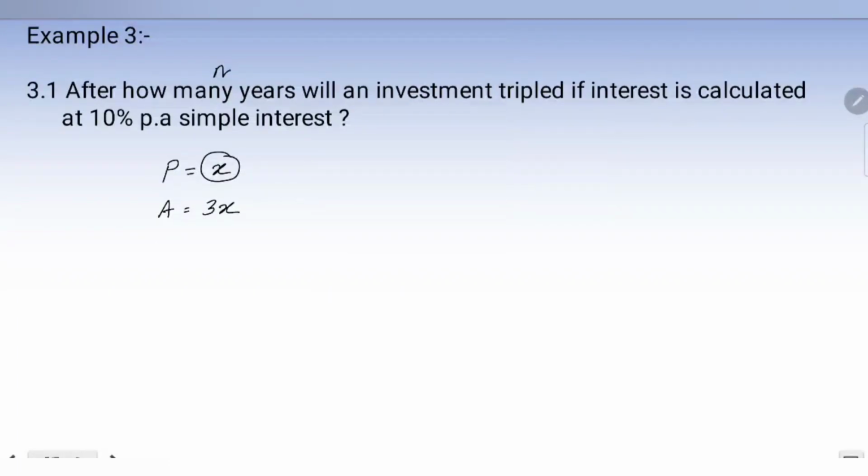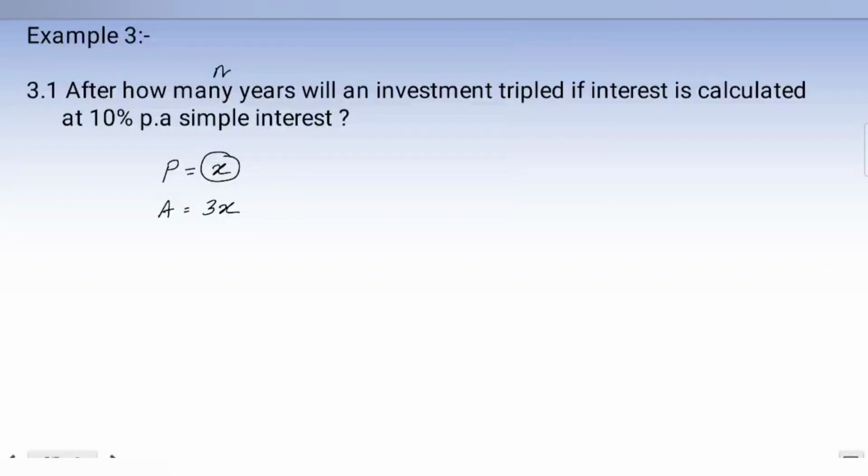Or instead of x, if you write 100, then A is going to be 300. Whatever amount you write in the place of P, you multiply by 3 to get the amount A. You can choose any amount, or you can take x. It's up to you. Then do the calculation. You will see that this x is going to be cancelled, then you will be left with only n, and you solve and find the value of n.